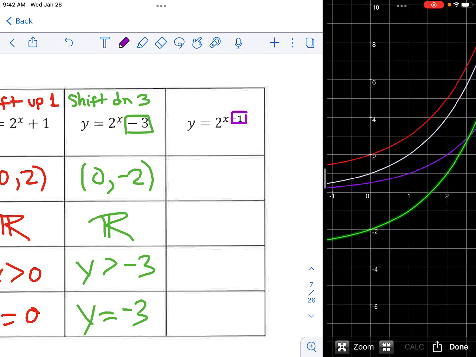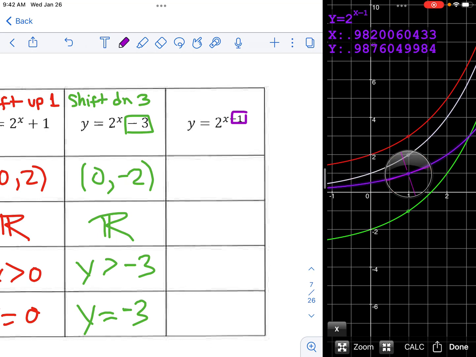So the question is where's this intercept now? We know the parent function's intercept is 0, 1. Where are we at a value of 1? And we're at a value of 1 right there. Okay, so that -1 shifted it to the right 1. So shift right 1.